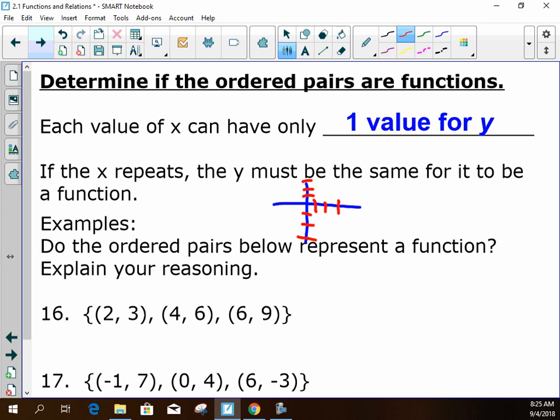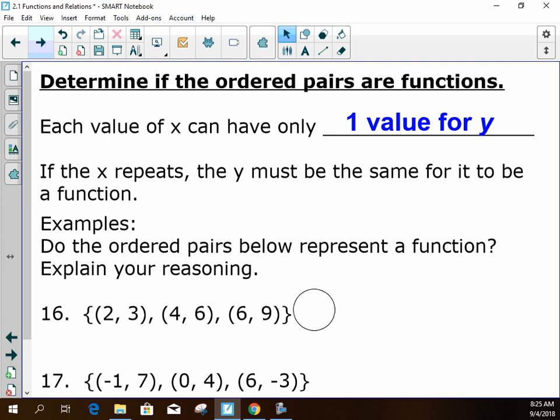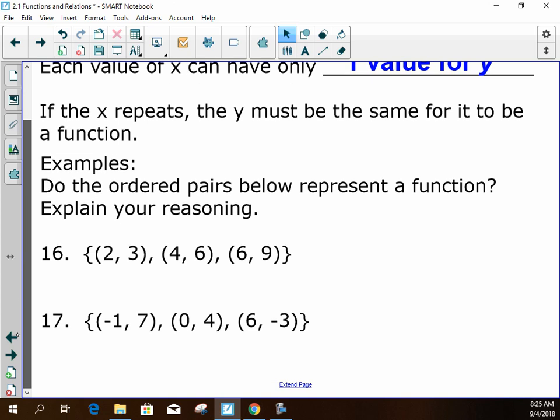So if I have a point here at 3, 1, and I have another one at 3, negative 1, they share the same x value. That means it's not a function. So if they share the same x and the same y, it is a function. To me, that's kind of cheesy. I don't like that, but whatever.